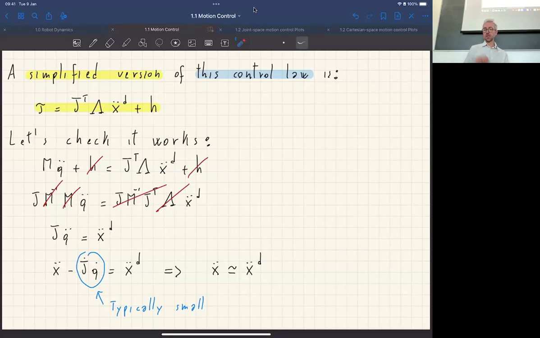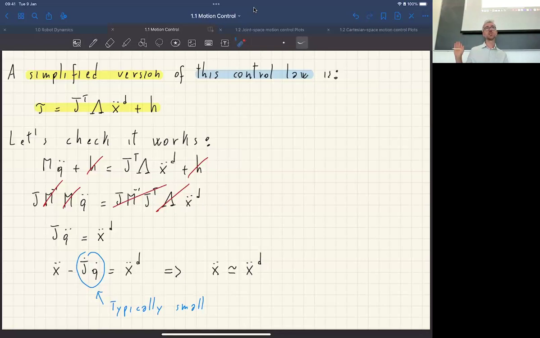Okay. We have one last topic to cover for today, which is redundancy. If you have already seen Cartesian space control in some other class, I guess probably you have already seen also the concept of redundancy. Who knows a bit about redundancy, at least what that is?